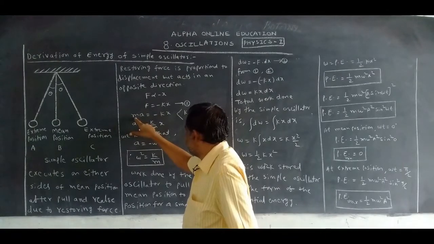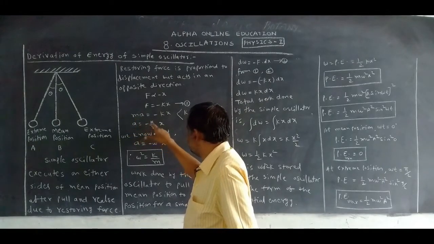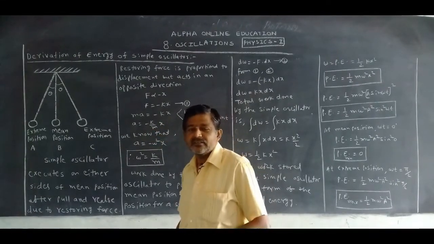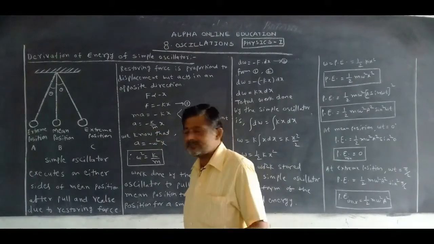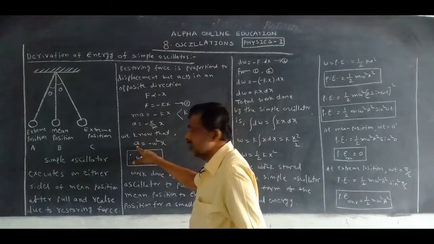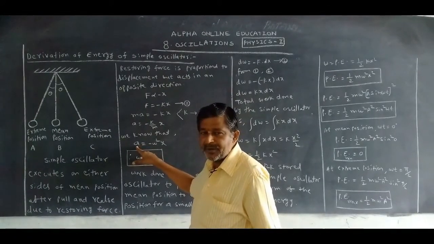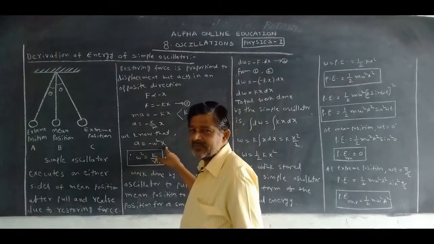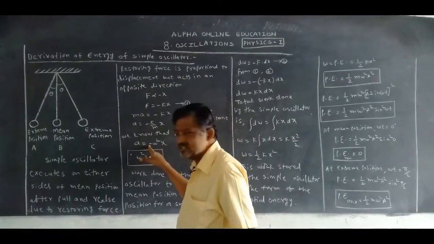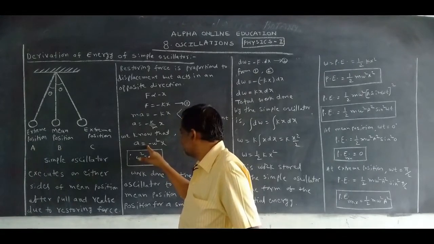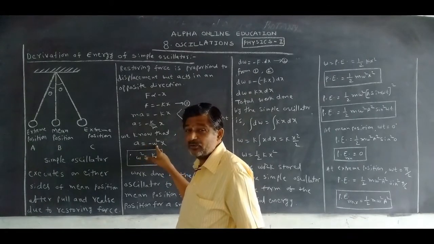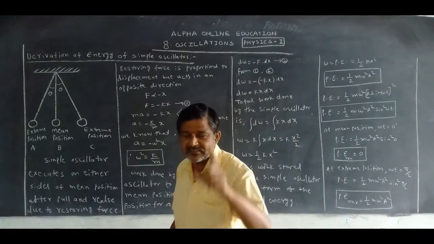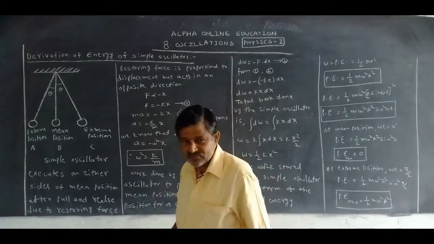You take m here, a is equal to minus k by m into x. We know that the acceleration of the particle in SHM is proportional to displacement and acts in the opposite direction. If we remove the proportionality, we get omega square. This topic we got in the first 8 marks question.